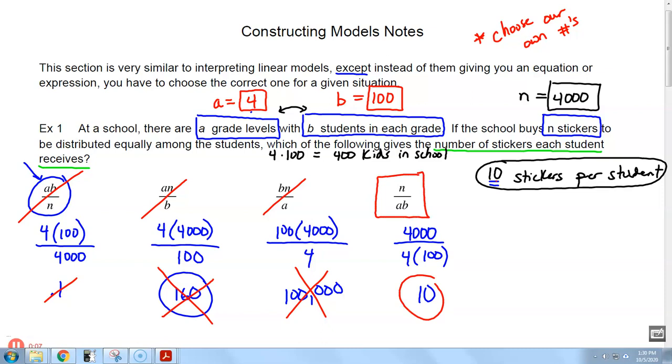Now, as you get better with these, you may not have to go through all those numbers, because you might realize that to do stickers per student, the number of stickers over the number of students, to calculate that, well, the number of stickers was just N. And your total number of students, to find that, we multiplied A times B by each other.